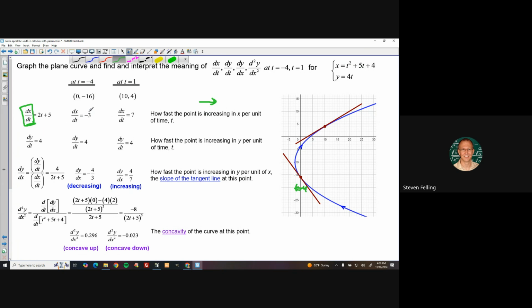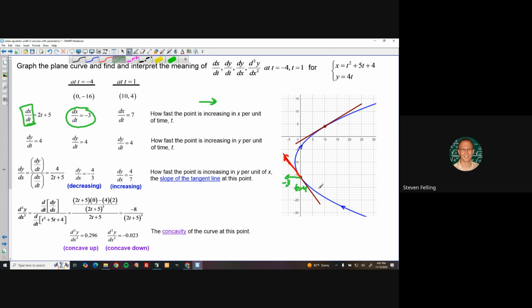And this derivative, dx dt being -3, means at that location, this is currently moving in this red direction here. It's moving like that, okay? And you can interpret that as moving -3 in the x direction per unit of time.